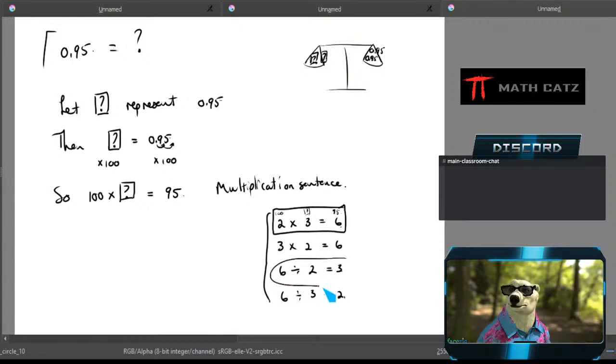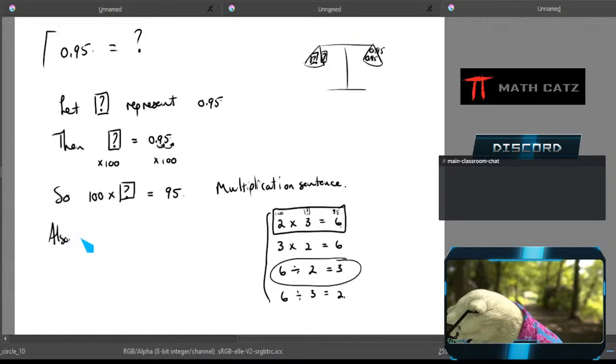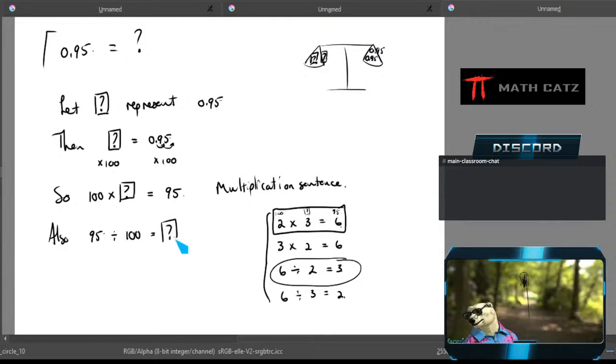It's this one. So I have my division sentence. If I just match this, 6 has the role of 95, divided by 2 has the role of 100, equals 3 has the role of question mark in a box.